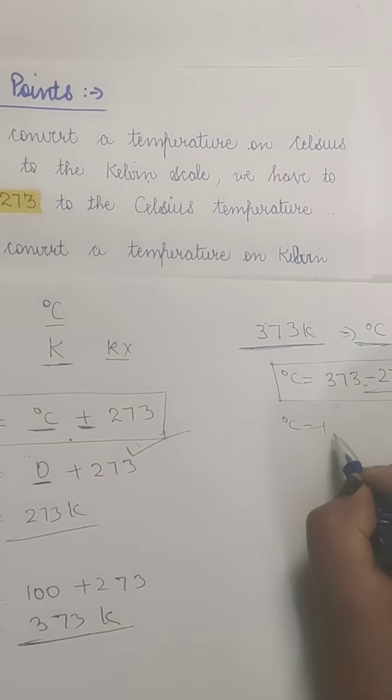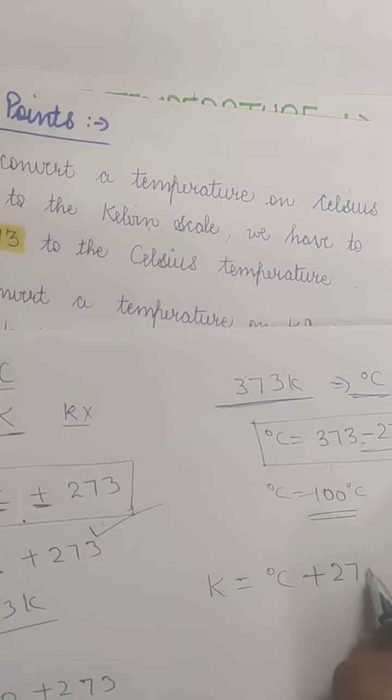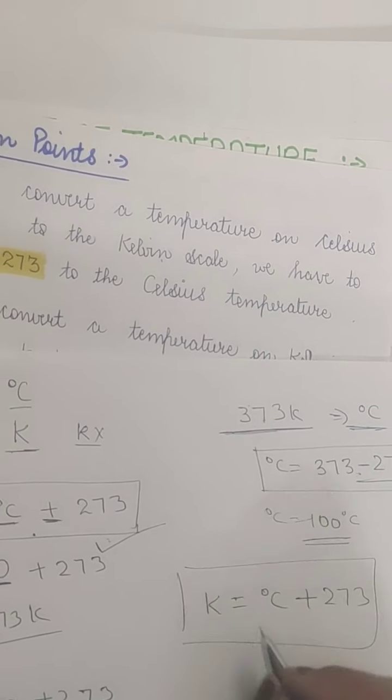To convert a temperature on the Kelvin scale to the Celsius scale, we have to subtract. So I'll repeat once again. When we have to convert our temperature from degree C to Kelvin, we have to add 273.